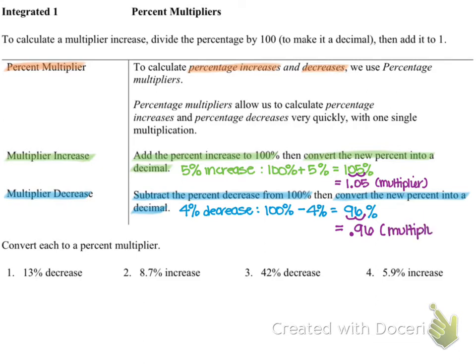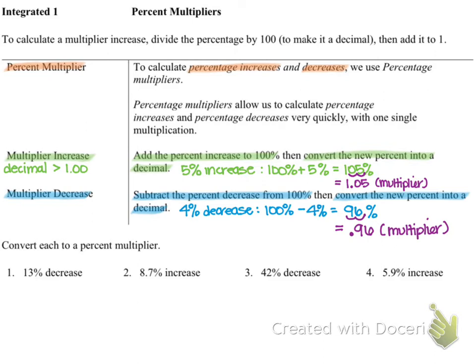Now, important to note, so let's put this off to the side back in the names. If you have a multiplier increase, this decimal is bigger than 1. So let's say it's greater than 1.00.